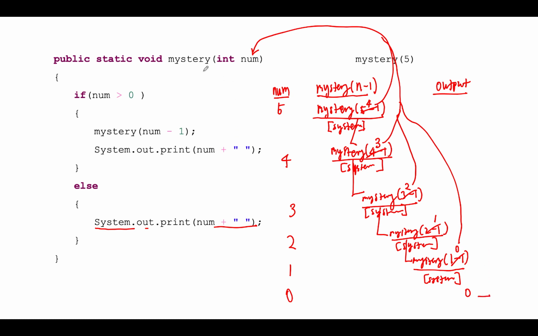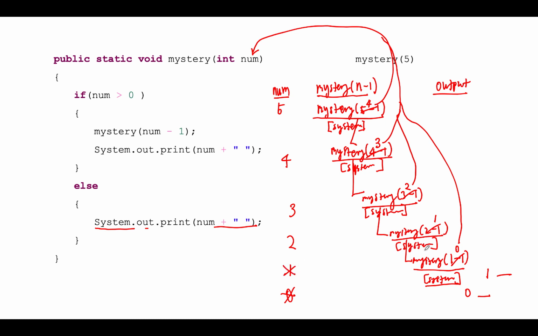So we took care of that mystery 0 call. Now we're going to go up and pay all our debts. We're going to take care of the next system print statement, and at this time, our num value is 1, and of course, there's a space. So mystery 1 is taken care of.